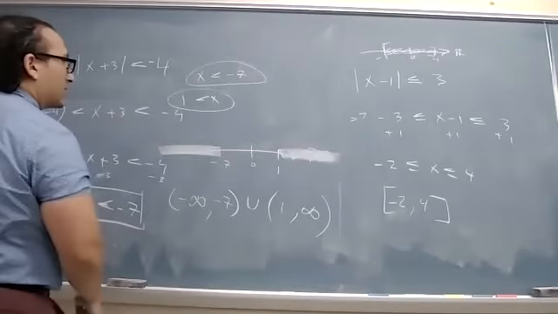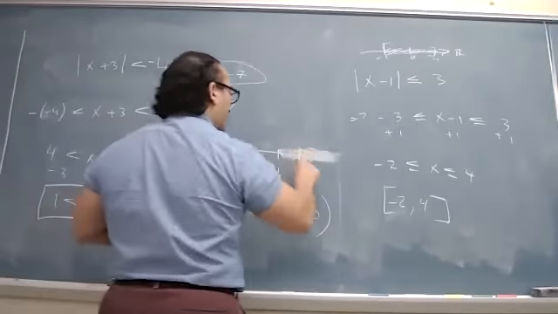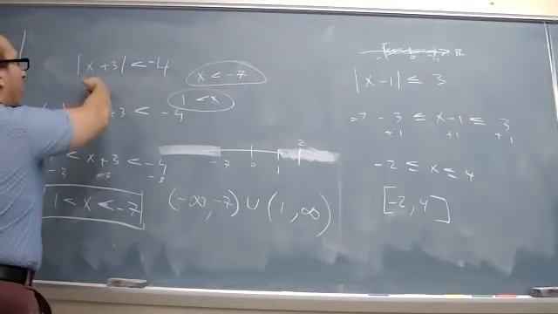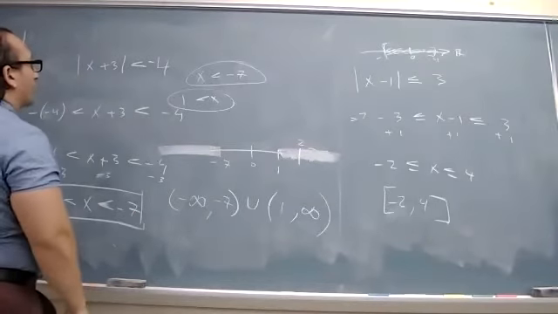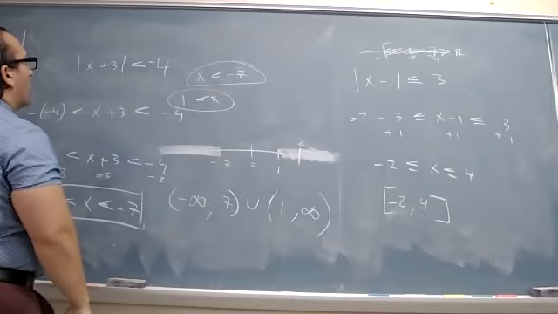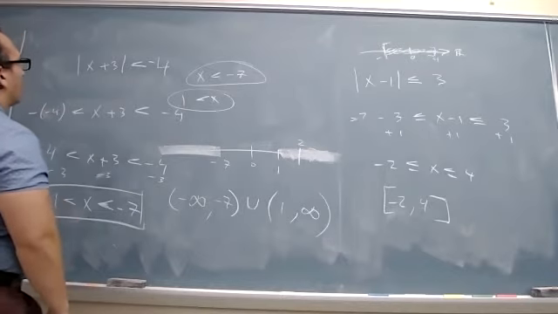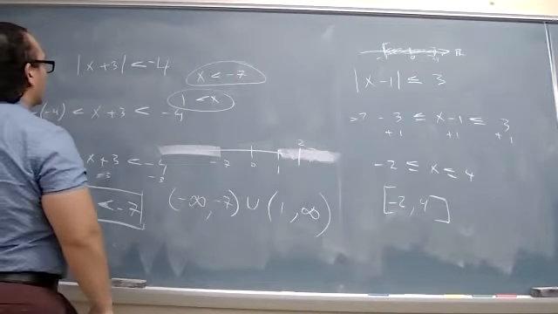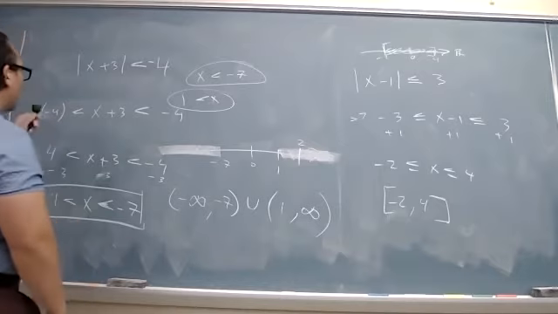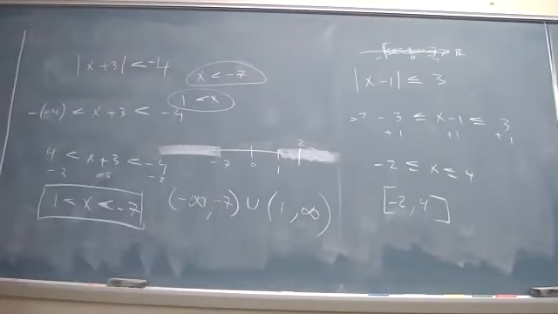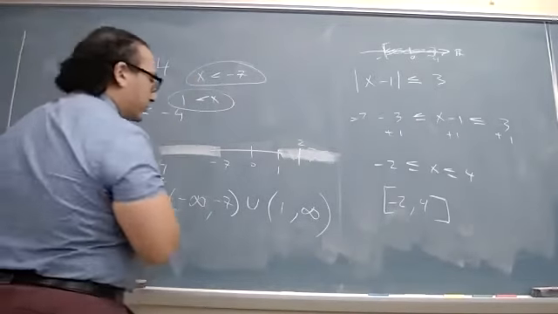Does that make sense? Let's see if this works. Let's pick a number that is greater than 1. Let's say 2. Plug it into here. Oh, man. I created a problem that cannot happen.